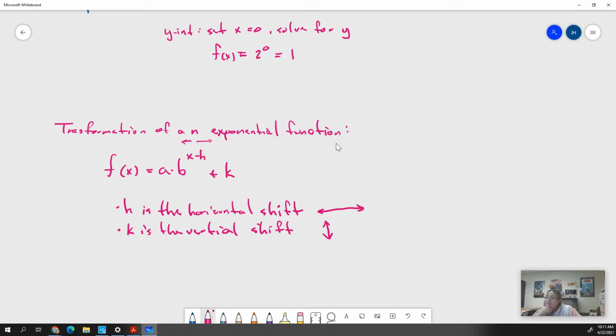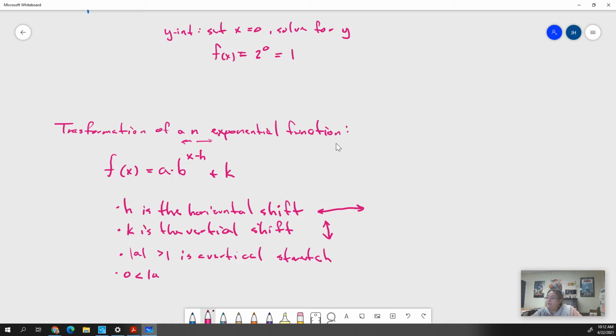A just tells us whether or not it's a stretch or a compression. So if we have A and it's positive, the absolute value just means it's positive. If it's greater than 1, it is a vertical stretch. I'm not spending a lot of time on this because you aren't going to have to actually do this, because you're going to use Desmos to do it.